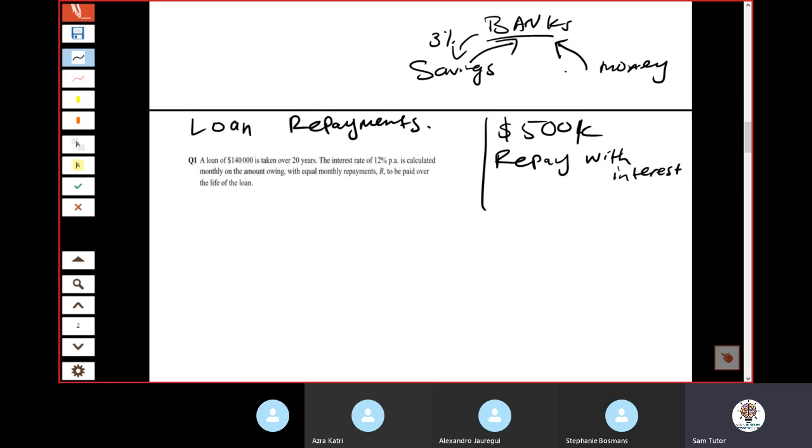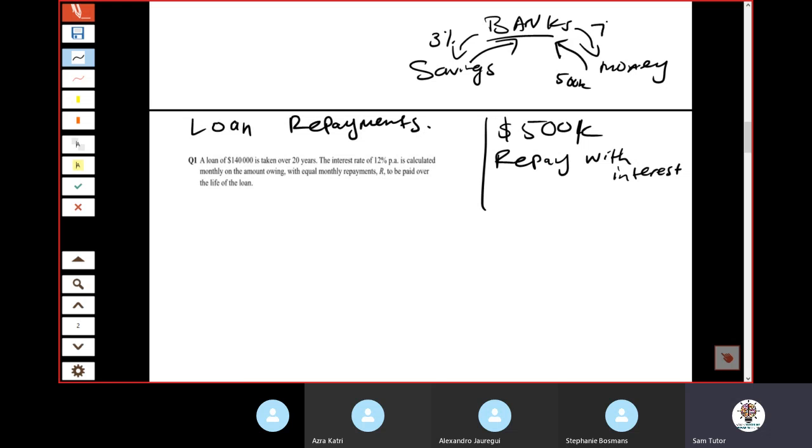Instead of coming to this guy straight away, because this person doesn't know this person, he goes to the bank. The bank uses this person's money to lend to this person here, let's call it 500K. The bank would charge this person a higher rate because they have to give this person here a 3% return.